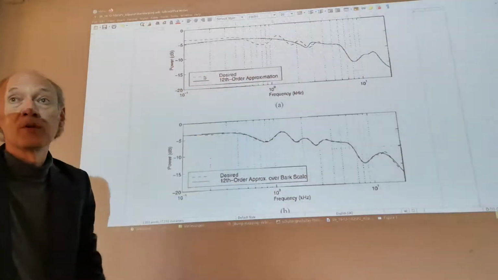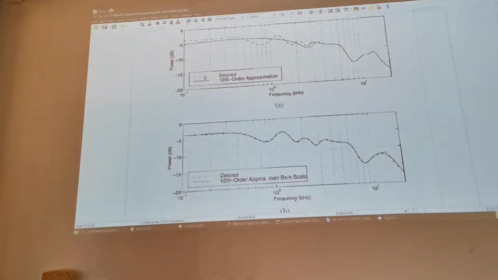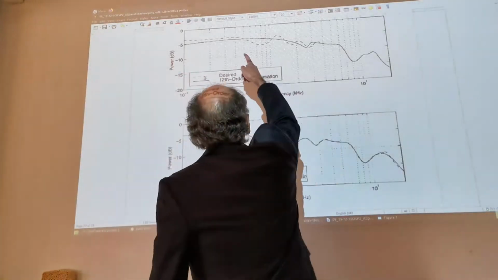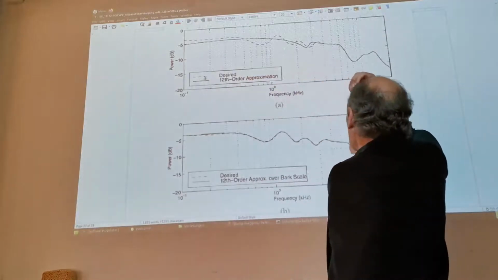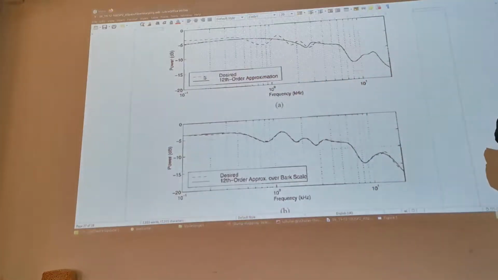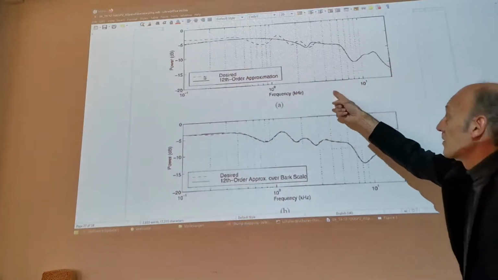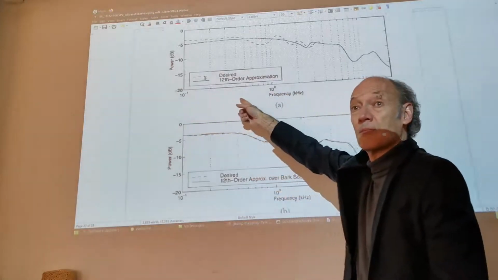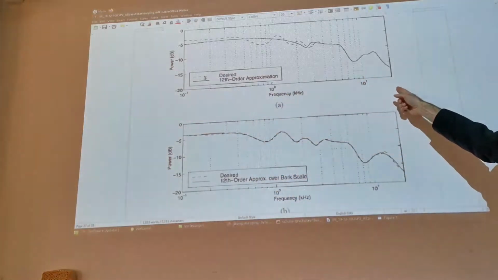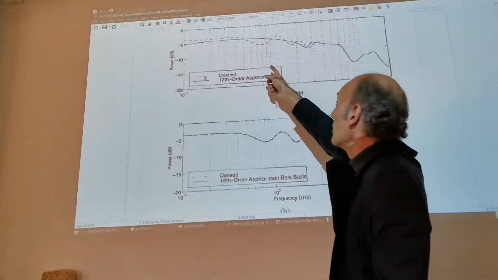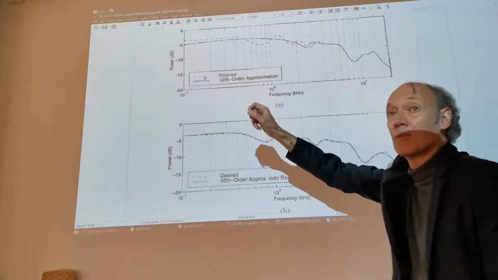So here the dashed is the desired, and the solid line is now the filter approximation using 12th order filters. And then you can see here the details at the low frequencies are not really covered so much. Also watch that this is the logarithmic frequency scale. Right? So here on this logarithmic frequency scale you can see more of the details at low frequencies.